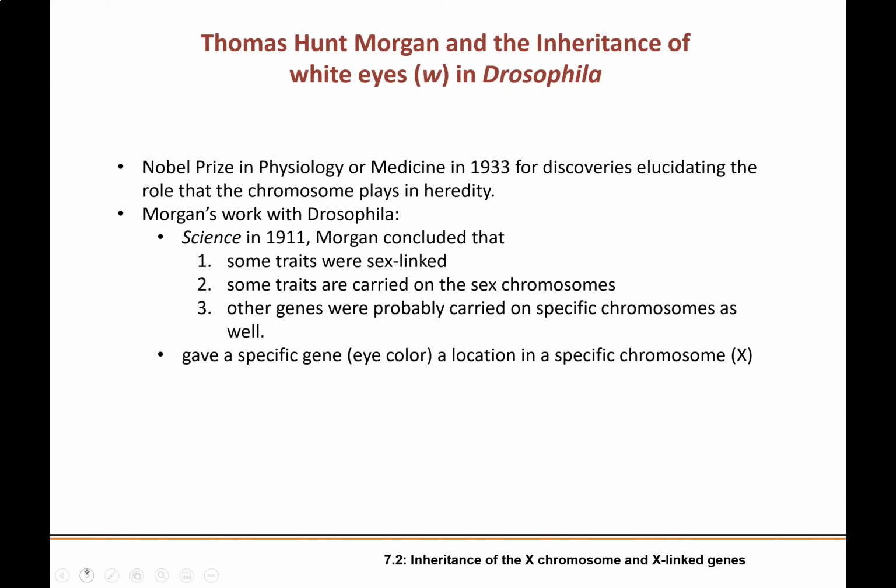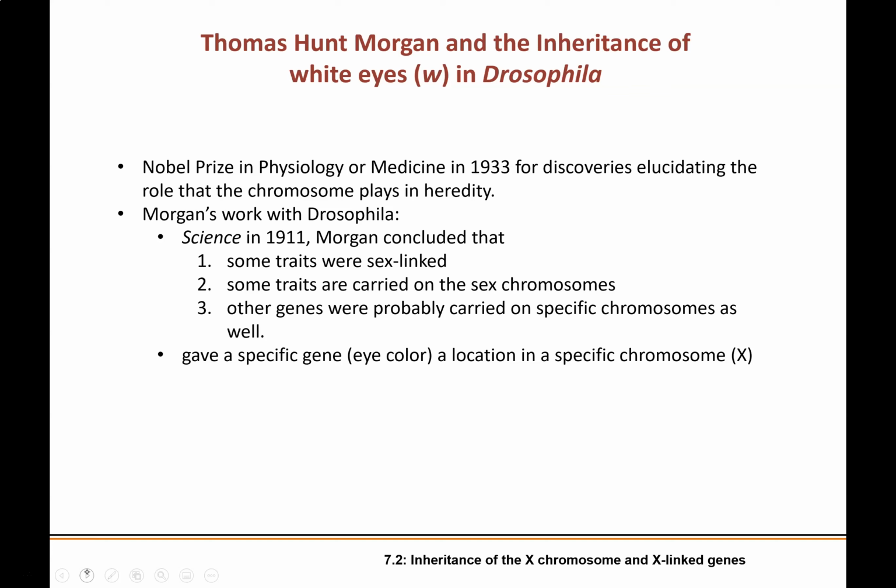So Morgan's work is really important because it told us a few things. It told us that some traits are sex-linked. That means that some traits are found on the X chromosome, and therefore, those traits are carried on either the X or the Y chromosome. So this led him to conclude that other genes were probably carried on specific chromosomes as well.